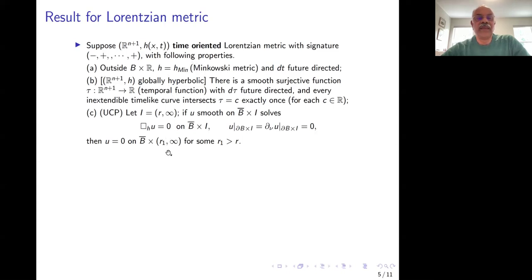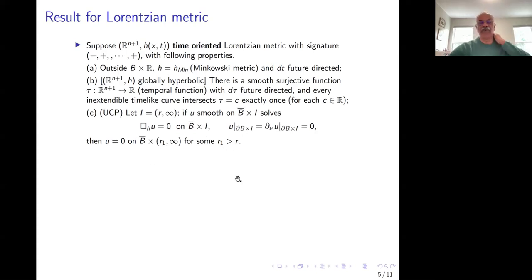But in the Lorentzian case, because the coefficients depend on time, the Tataru-Robbiano unique continuation result is not available for us. So how do we go from the outside to the inside? We have to make this assumption that if you have any solution on the cylinder and the Cauchy data is 0 on the lateral boundary for a certain time interval, from some R onwards, then u must be 0 in the interior over a smaller time period.